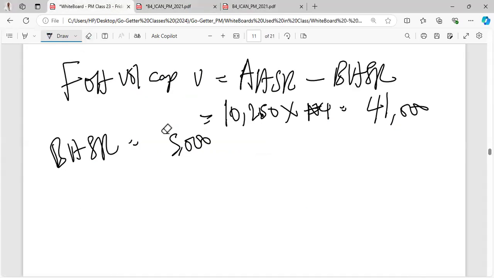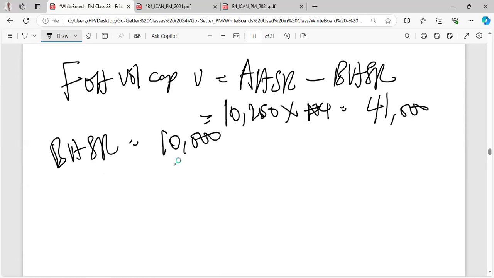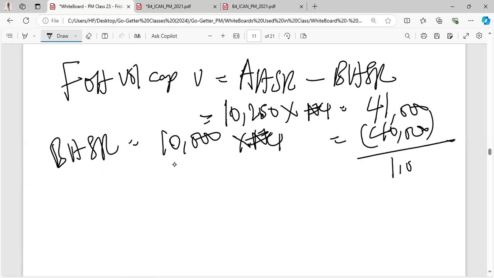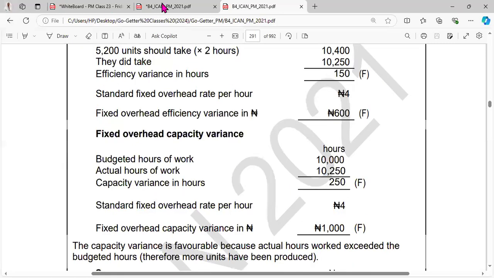Use the 10,000 hours here. 10,000 hours multiplied by 4 naira gives us 40,000. So the difference here will be 1,000 favorable. That's what we got here. 1,000 favorable.